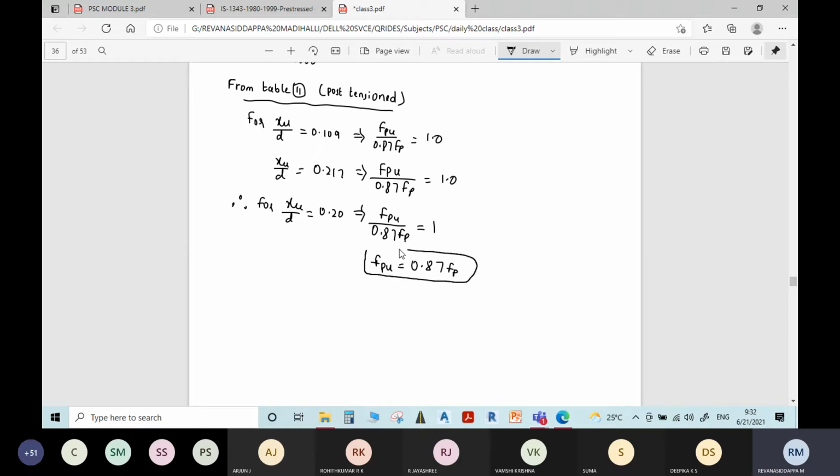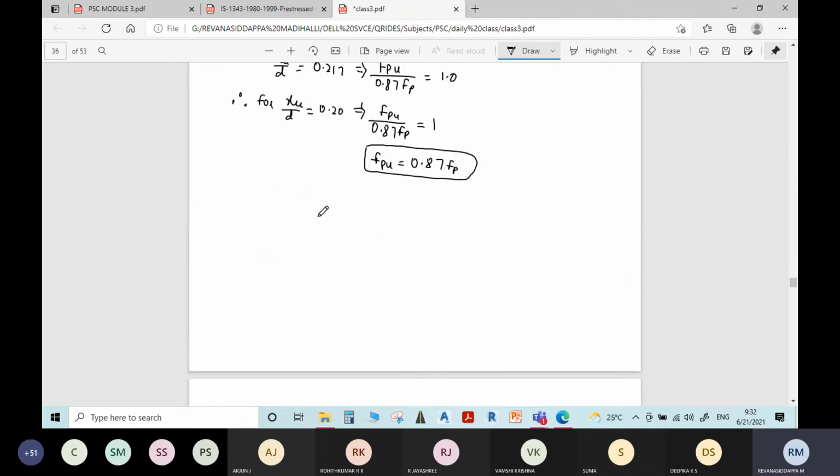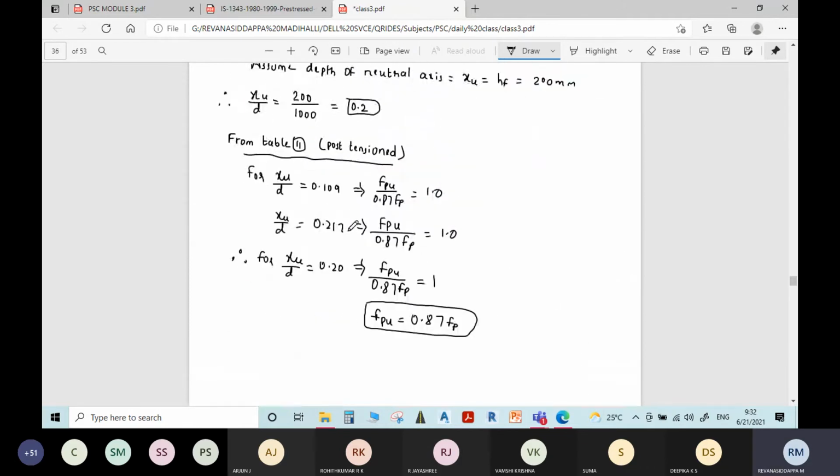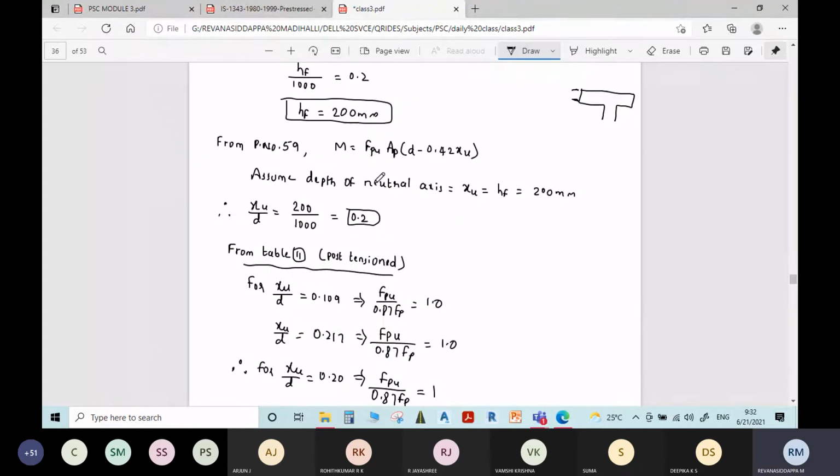The stress in the tendon, that is the FP value, is given as 1500 Newton per mm square. Now you can substitute in this formula.